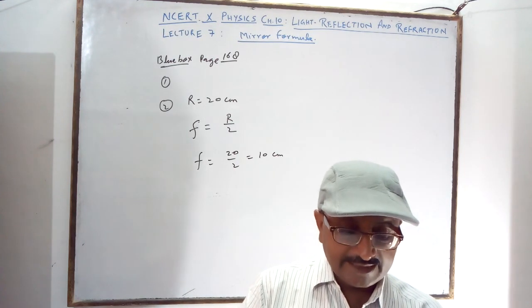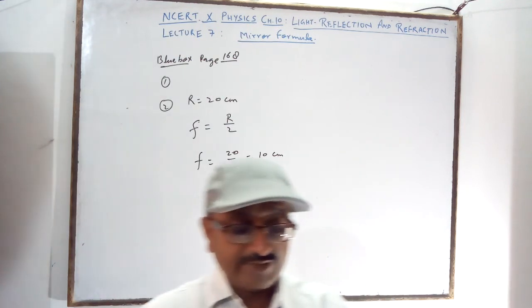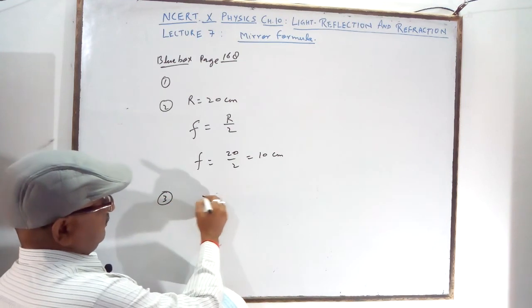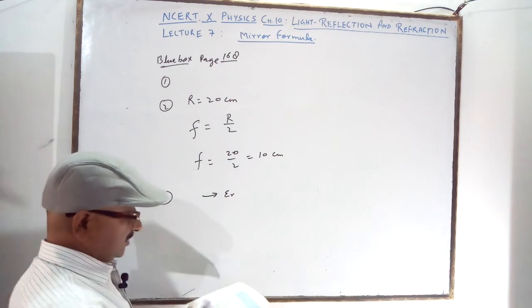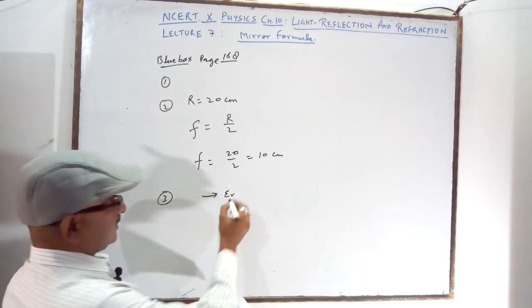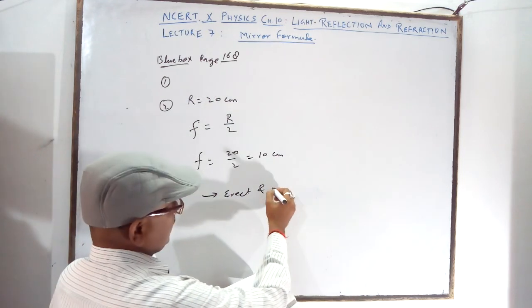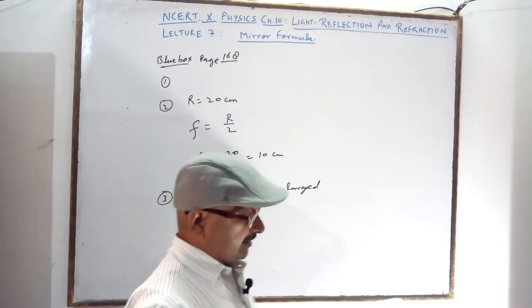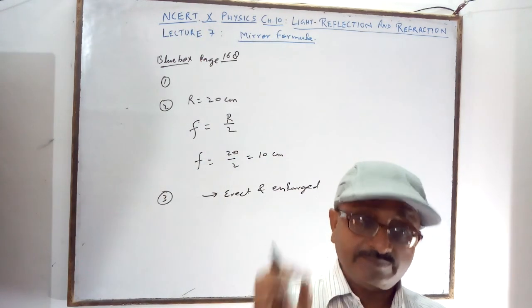Name a mirror that can give the erect and enlarged image of an object. Third question: a mirror which gives the erect and enlarged, magnified image.